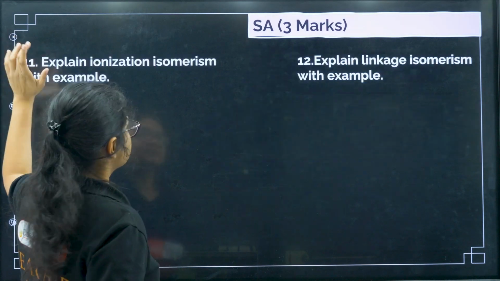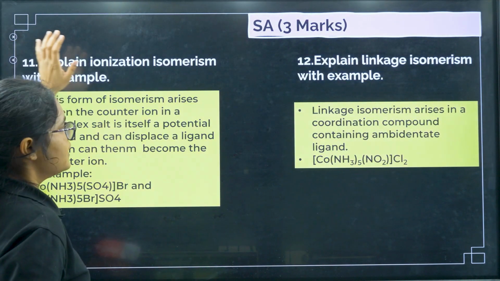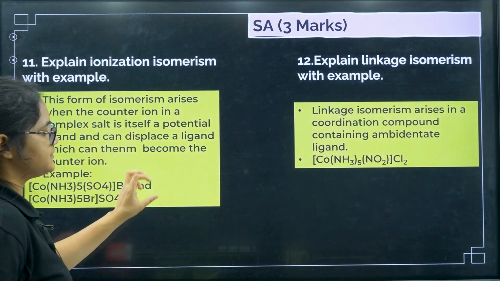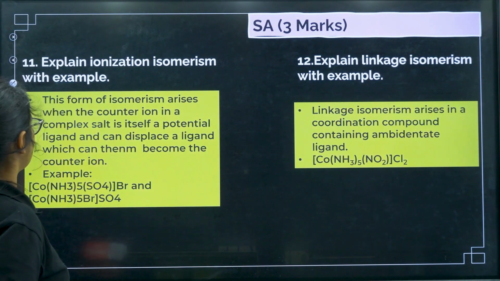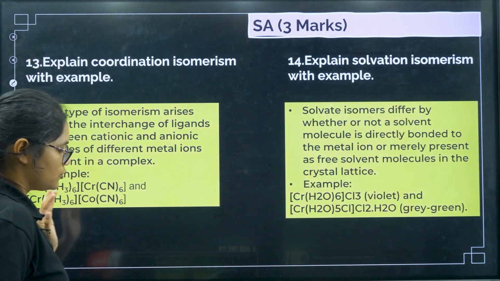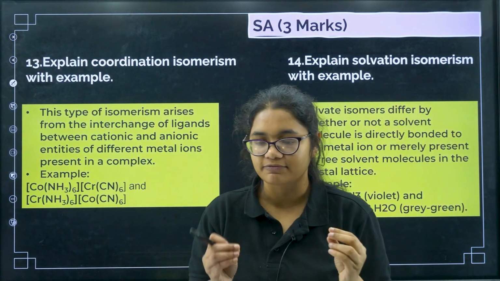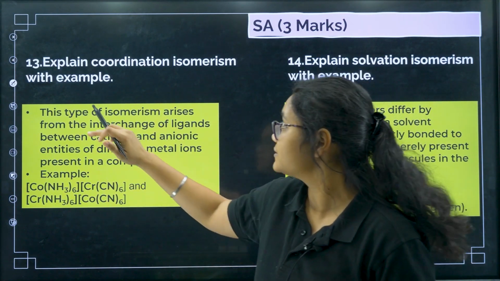Next, we have some isomerism here, ionization isomerism, linkage isomerism. So definitions and examples you should remember. Also definition and example for coordination isomerism and solvate isomerism. Not explaining these terms, these are very fact based questions, so just remember the examples and definitions.